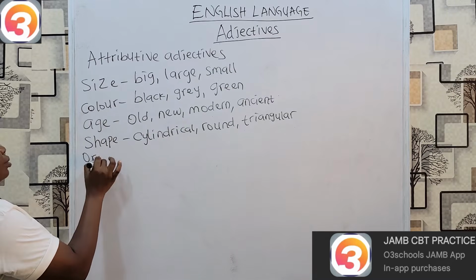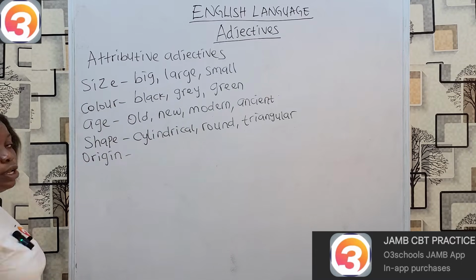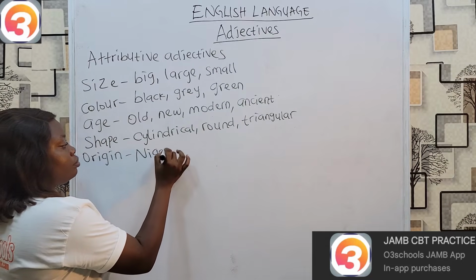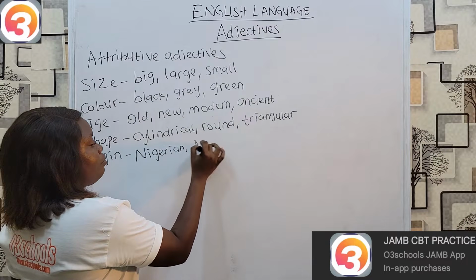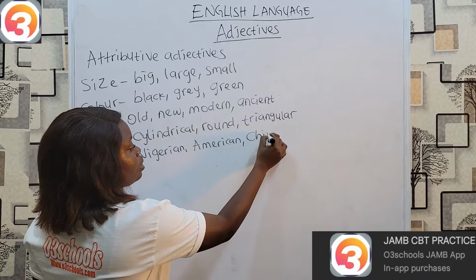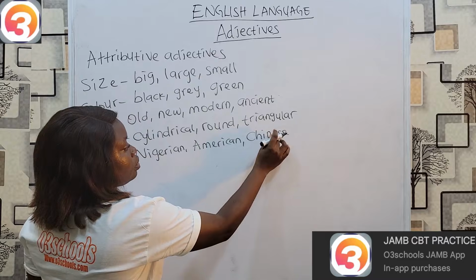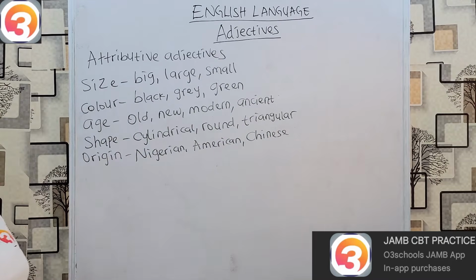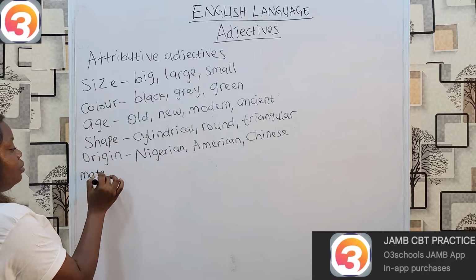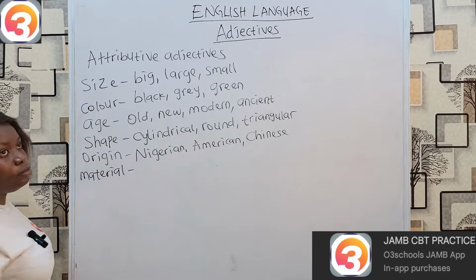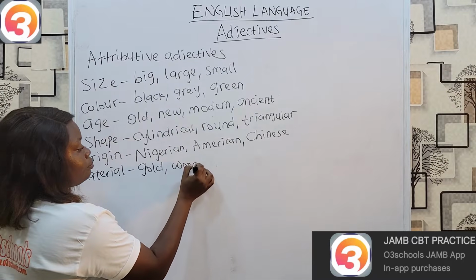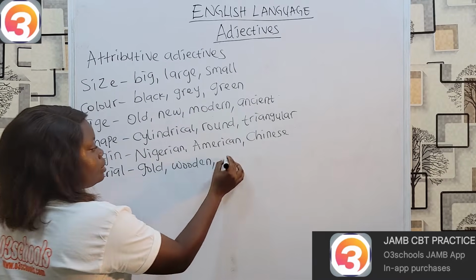Or origin. Where does it come from? Nigerian, American, Chinese is also an attributive adjective. Then the material that noun is made of: gold, wooden, earthen.